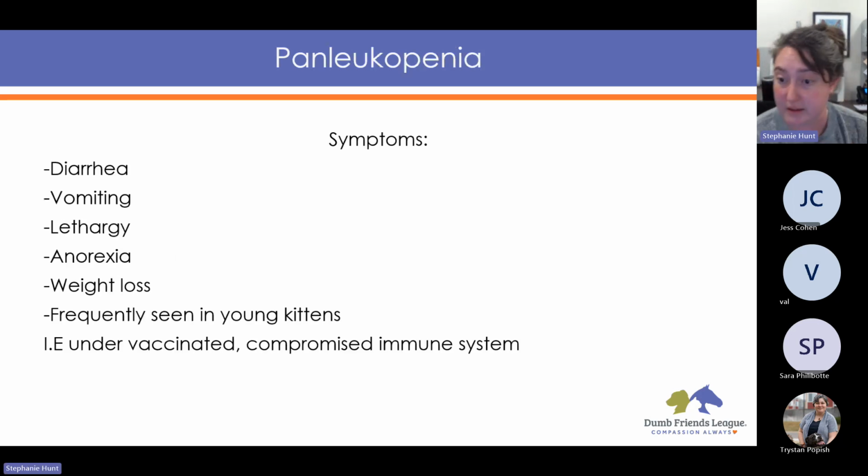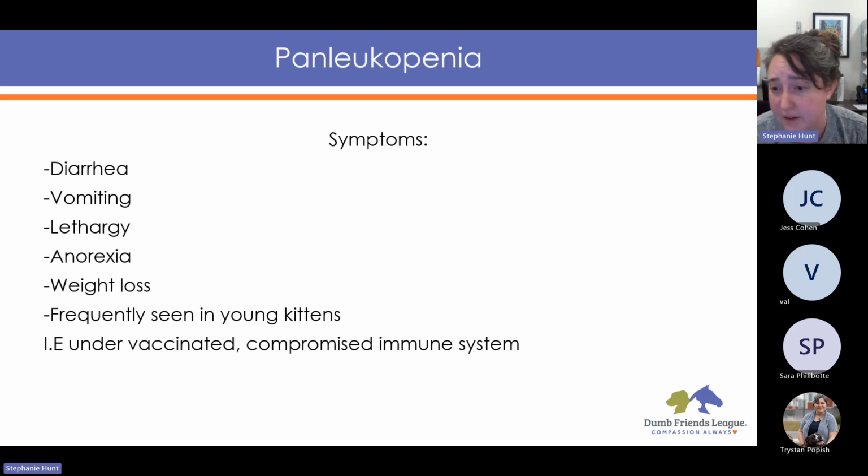Panleuk is in kittens. Again, you're going to see very similar symptoms. It is species specific, so it doesn't cross between cats and dogs, but you're going to see diarrhea, vomiting, lethargy, anorexia. You're going to see weight loss associated with that. Again, you're going to see it frequently with either really young kittens or unvaccinated adults. And this is because they're undervaccinated.